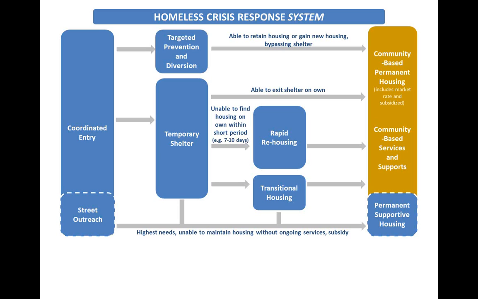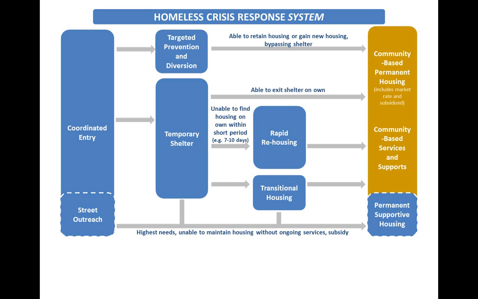The permanent housing is represented by the yellow bar on the far right hand of the slide, and it includes community-based permanent housing and community-based services and supports. For some persons who have long-term homelessness and a disability, permanent supportive housing is required in order to help these persons achieve permanent housing and sustain their housing placement for the long term.